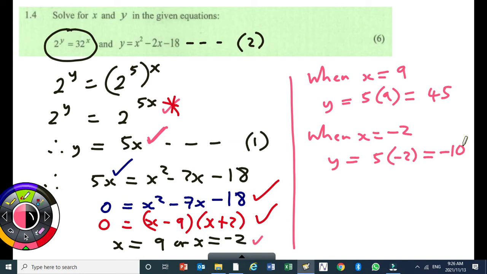And then here, your two x values are 9 and x is minus 2, you get your 2 marks for your x value. If you decide to write after that ordered pairs, there is no benefit for that. If you already got your 2 x values correct, your 2 y values correct, there is no benefit for writing your final answer as ordered pairs.